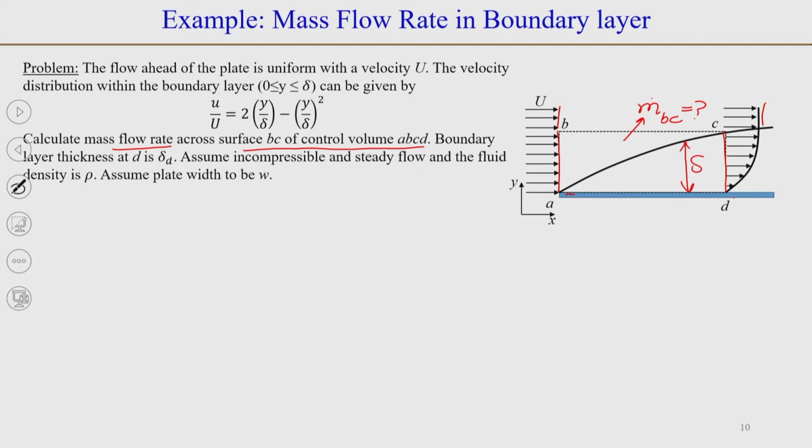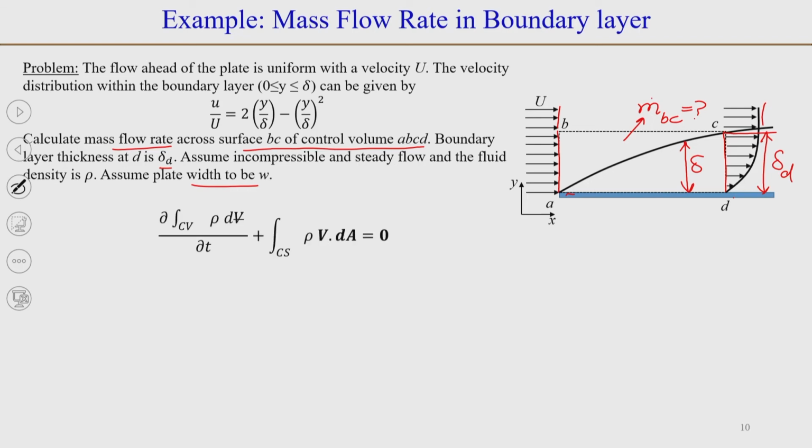At point D, the thickness of the boundary layer is delta D. What we see here is a two dimensional picture, and the plate width, which is normal to the board, is W. So, the area of the plate is the length multiplied by the width.